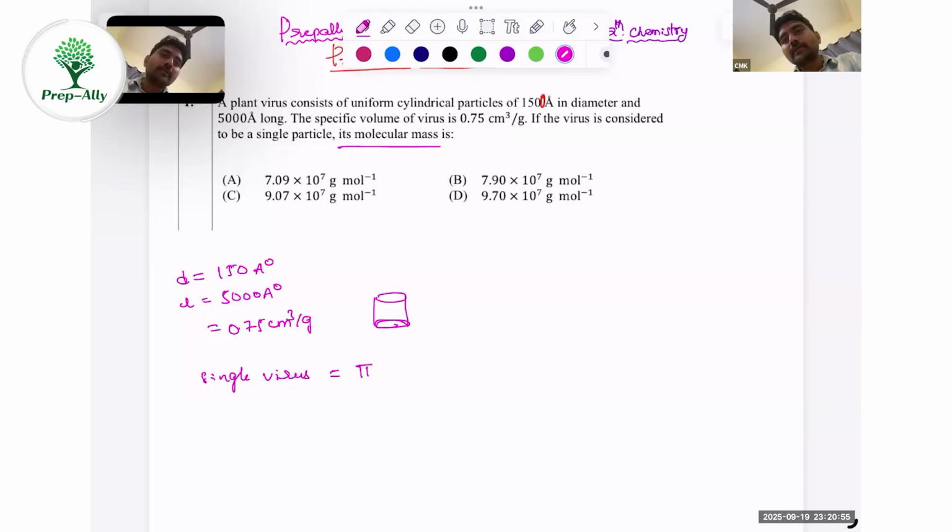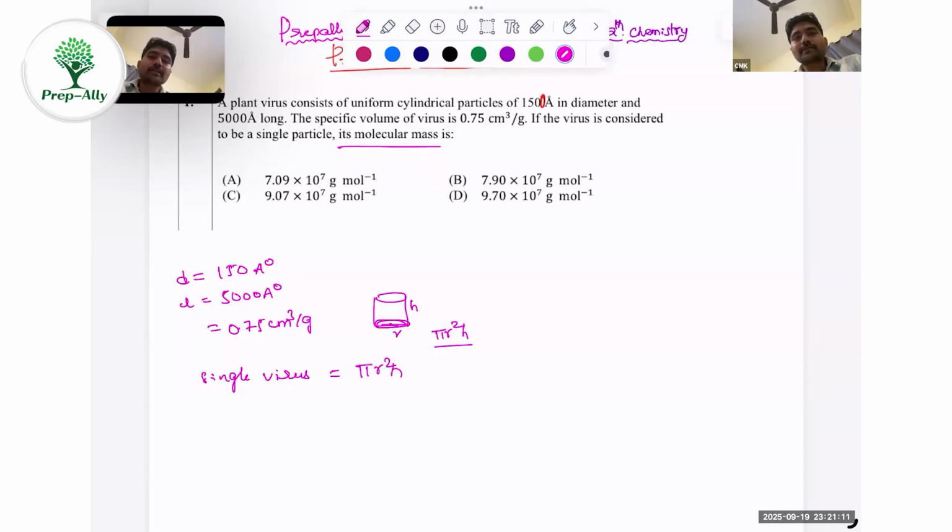For example, if I take radius r, the circle area is pi r square, and this cylinder has some height. So the volume of the cylinder is pi r square h.